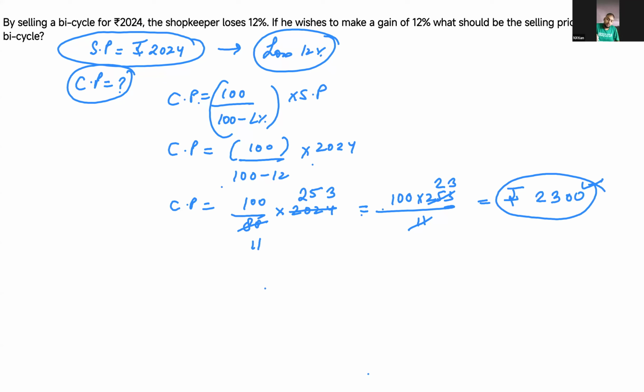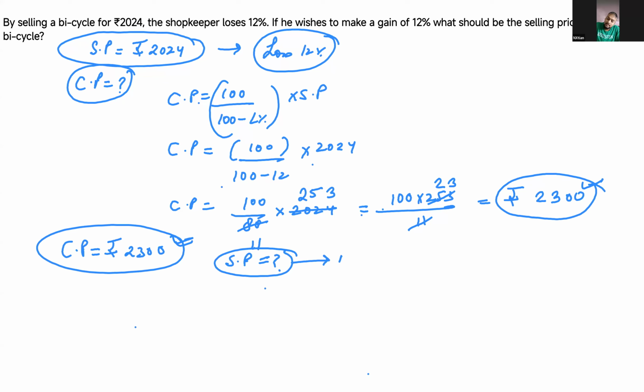Now we want to find the SP because the cost price is given. Cost price means the price at which the bicycle was bought, so the cost price is 2300 rupees. We have to find the value of SP because I now need a profit of 12 percent. So I will use the formula for the SP.